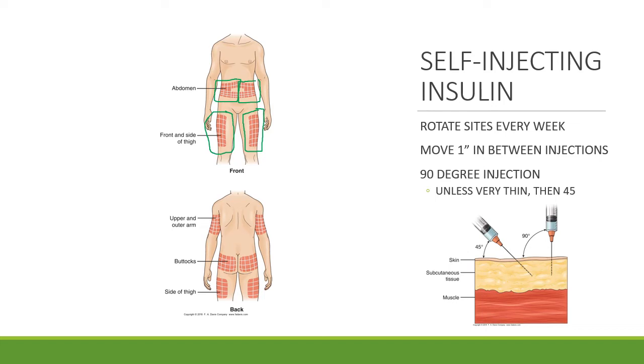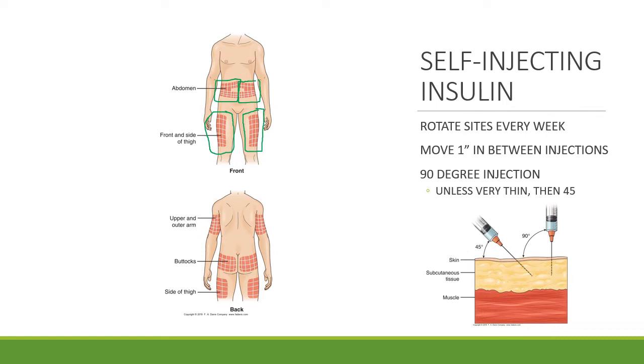And this helps prevent buildup of fat deposits and scar tissue, and it improves insulin absorption rates. People will have favorite spots, and that's okay, but it's important to talk to them about the fact that their insulin is most effective and most evenly absorbed if they rotate sites.